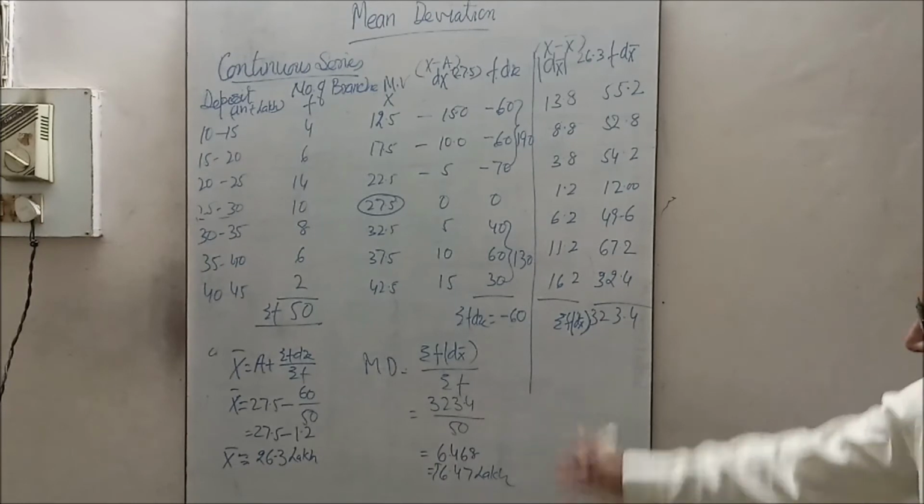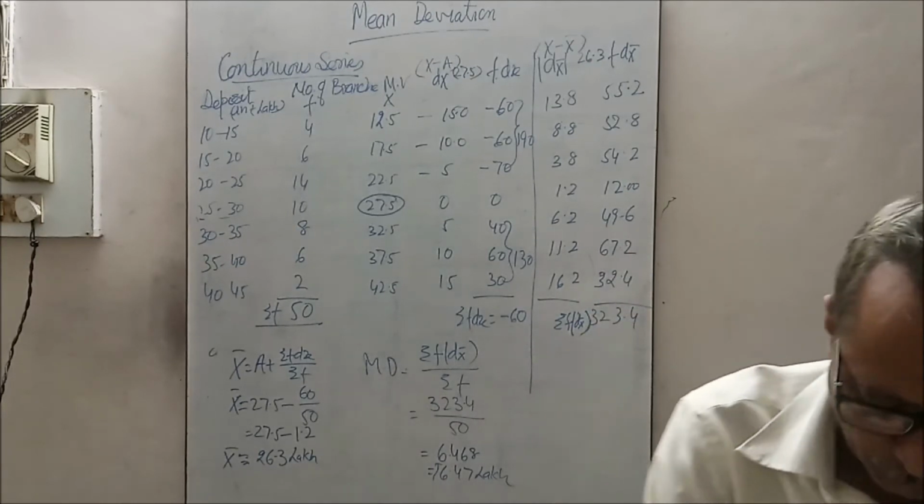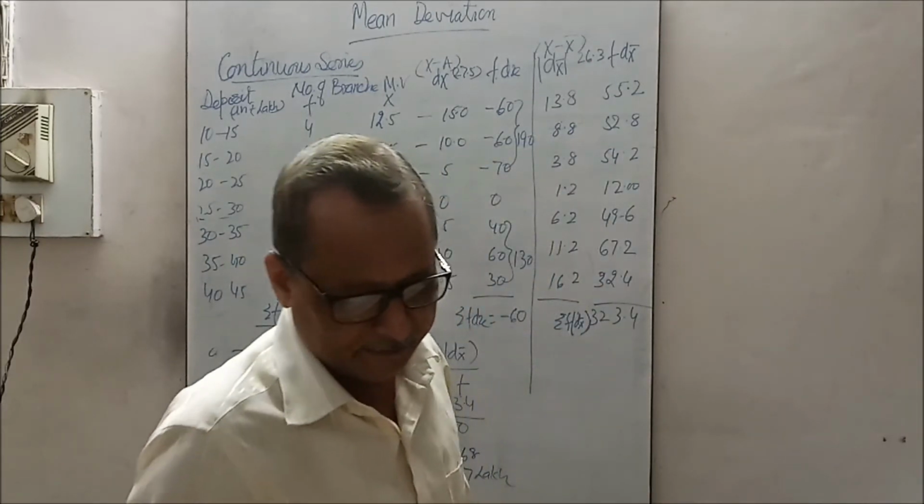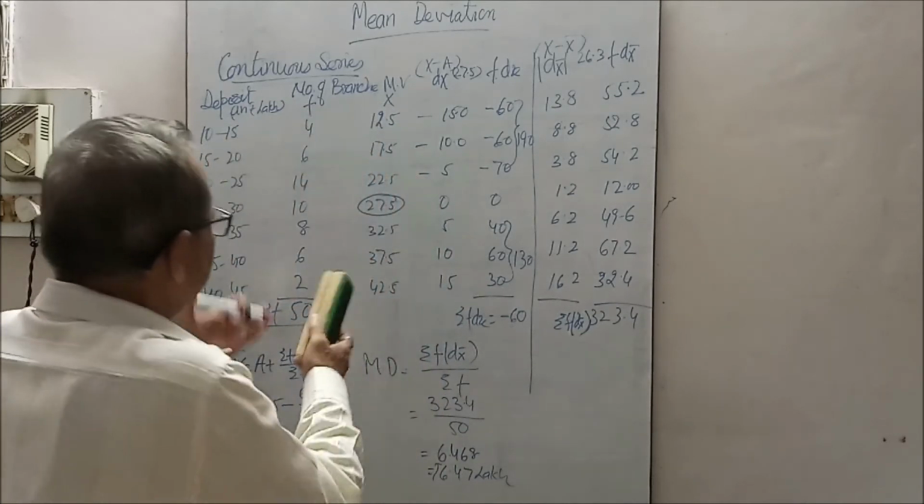This is the mean deviation from the mean, and likewise we will calculate the mean deviation from the median. It's the same thing.